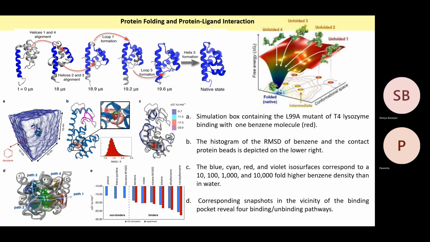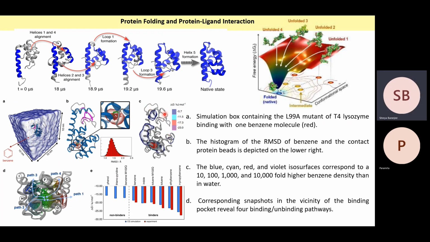And what this diagram shows is that as the concentration of benzene increases, like if you see this bar diagram from blue to red to violet, the binding constant also increases.